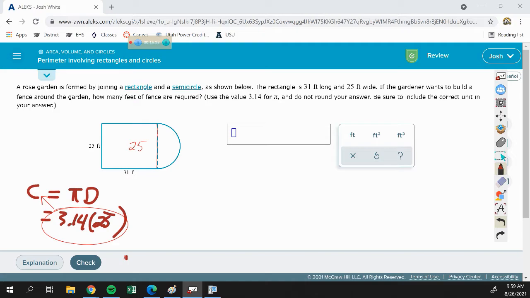Is the fence going to contain an entire circle? No. So what do we need to do to this number? Divide it in half, and that goes here. I add up the other side. So I do 25 plus 31 plus another 31 up here plus whatever I get right there.